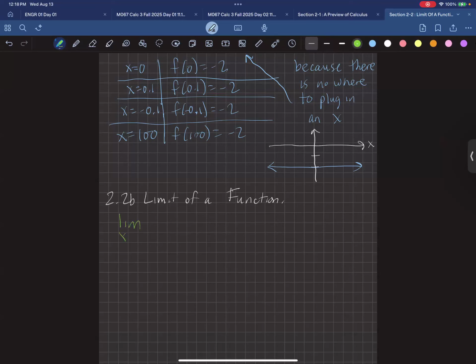Limit as x approaches a of f of x equals L. So this video is going to be on if L does not exist or is infinite.